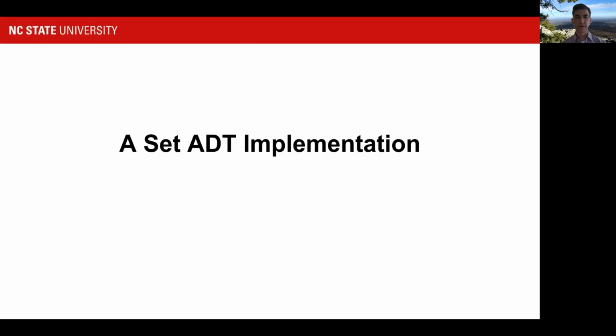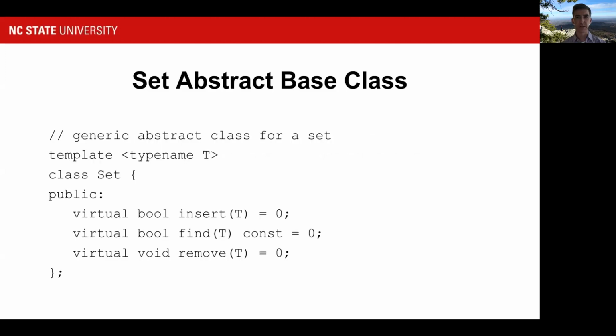Okay, let's take a look at an implementation for a set abstract data type in C++. Just as a way of building on some of the previous material we've covered, I could write a very generic abstract base class. In this generic abstract base class, I could say that this set will hold some type of object T. And when I implement this set, I need to implement an insert function, a find function, and a remove.